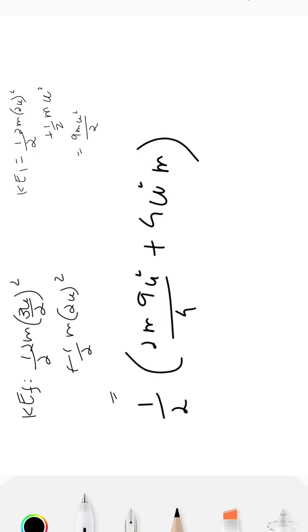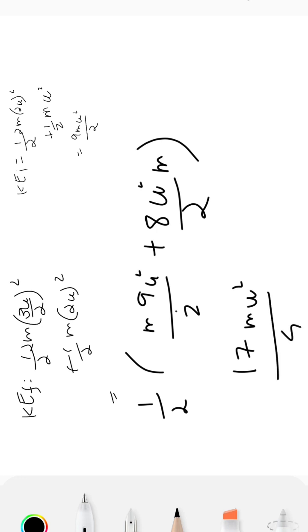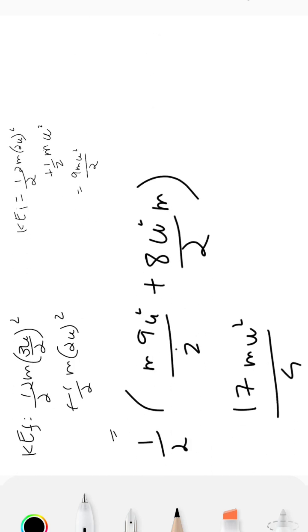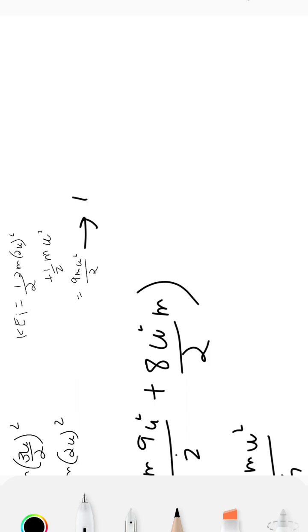If you remove the 2 from here, and make it an 8 over here, it is going to be 17mu square by 4. The initial kinetic energy was 9mu square by 2, which can be considered as 18mu square by 4.